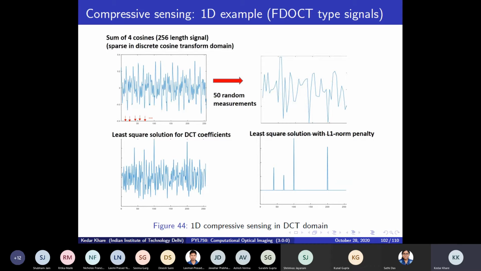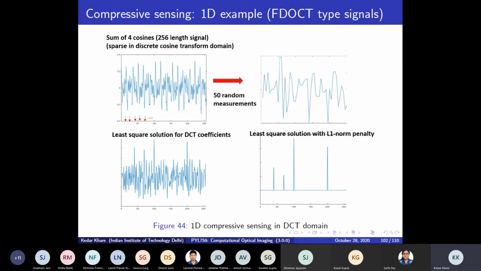Whereas if you do not use the L1 penalty, you get a minimum error solution, but all coefficients are kind of non-zero, and that does not make sense because the original signal was just a sum of 4 cosines, so it should have given you a sparse solution. Is that clear? Yes, sir. Okay.